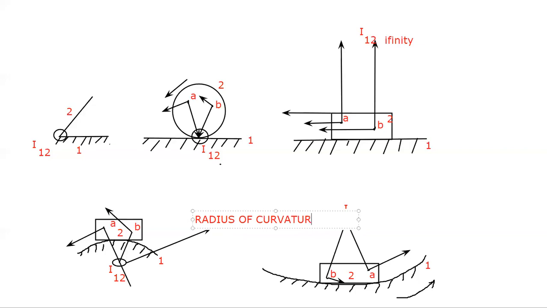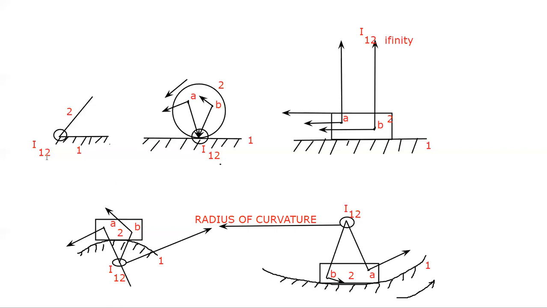If the path or the link is like this, I have shown both convex and concave here. In this situation, the instantaneous center will always be located at the radius of curvature.